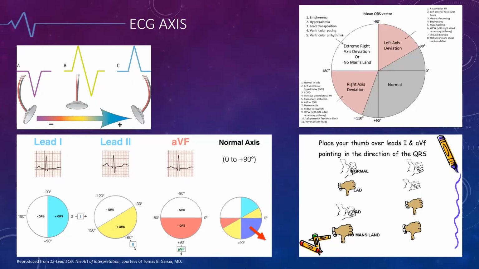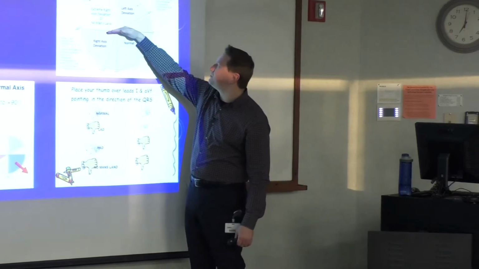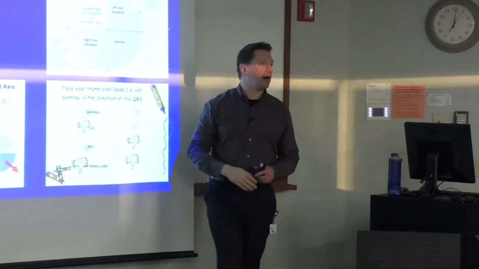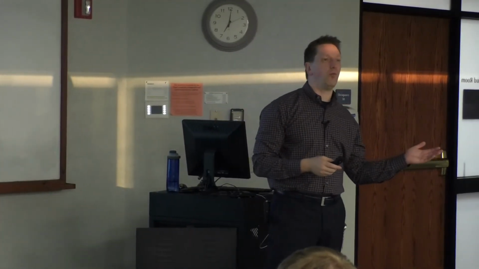If lead 1 is negative, you have right axis deviation, okay? AVF should be positive if you are in the bottom half, and AVF should be negative if you are in the top half. So to figure out which quadrant you're in, all you have to do is look at 1 and AVF. So let's practice.